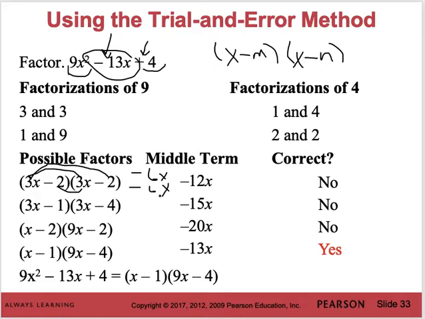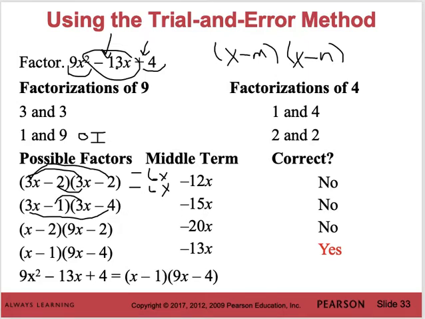Negative 6x plus negative 6x equals negative 12x. So I'm looking for, in my FOIL method, my outside term and my inside term. So let's do that here. Outside would be 3 times 4 is negative 12, plus negative 3 equals negative 15.